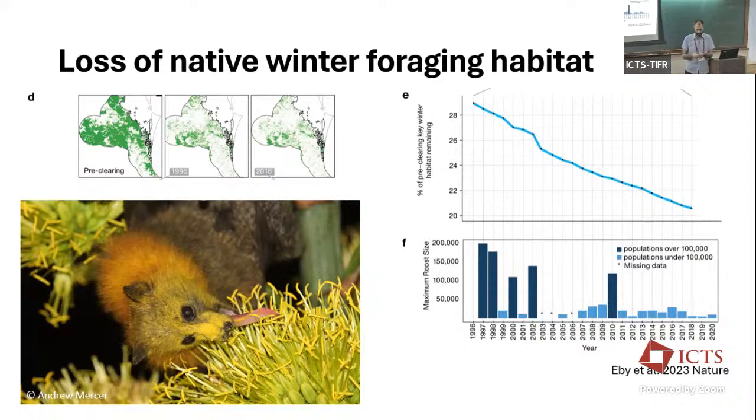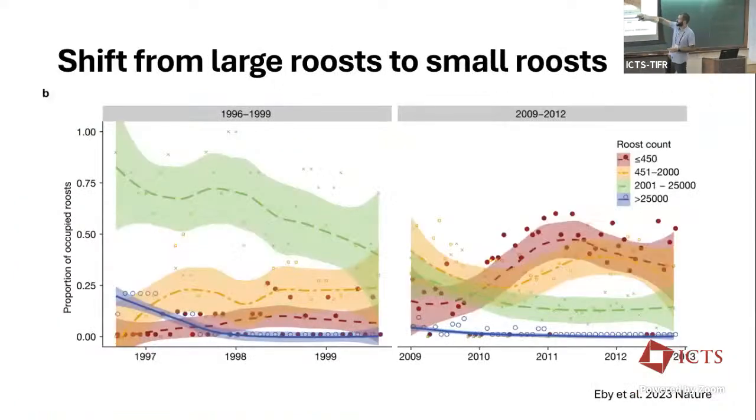This is another way of displaying it. This is a binned distribution of the roost sizes. The red is roosts of less than 450, and the blue is anything over 25,000. You see the decrease over time of the proportion of bats living in these really large roosts, and an increase in the proportion of bat colonies that are much smaller, on the 450 count side.